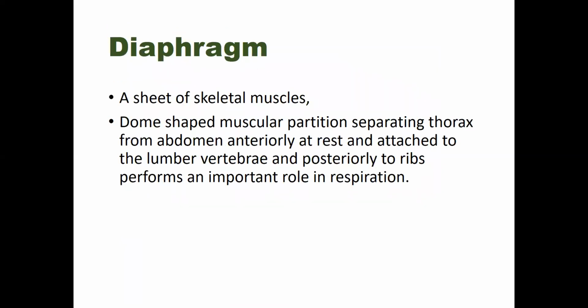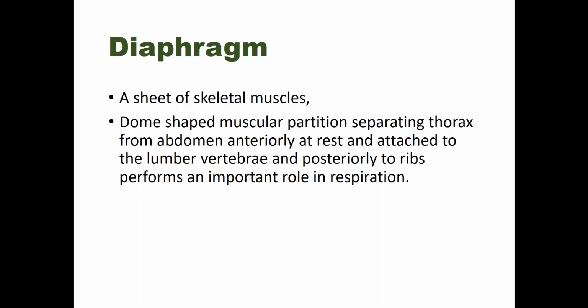Another thing is the diaphragm, a sheet of skeletal muscle, the dome-shaped muscular partition that separates the thorax from the abdomen. Actually, the diaphragm divides our body cavity into two portions, thorax and abdomen. It is attached to the lumbar vertebrae and posteriorly to the ribs, and performs an important role in respiration.